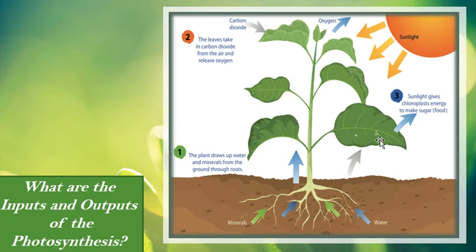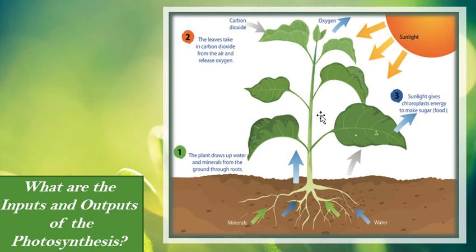Since plants are living organisms, they also have cells. And their cells contain what are called chloroplasts. We will elaborate later. So in the chloroplasts, they absorb light energy coming from the sun to make it into sugar or food. So after that, it releases the oxygen.